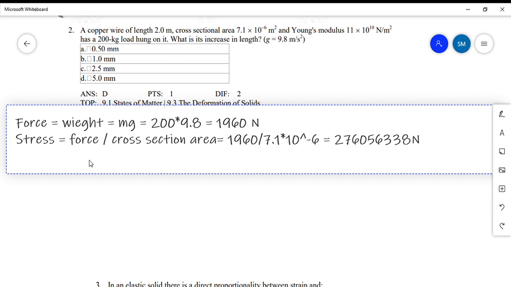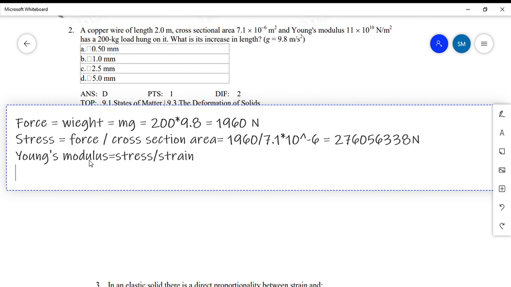So strain is equal to stress over Young's modulus. Stress over Young's modulus, the stress we just calculated is a big number, I can't read it, to be honest.